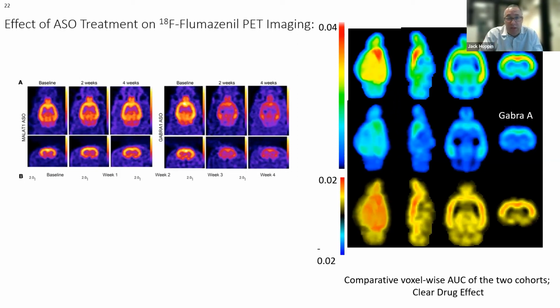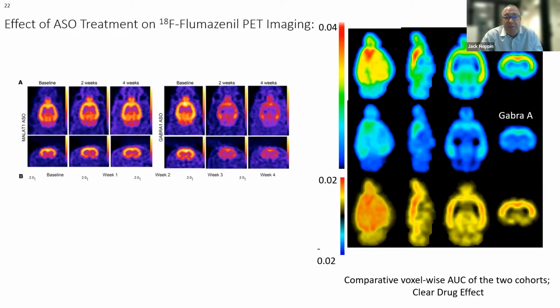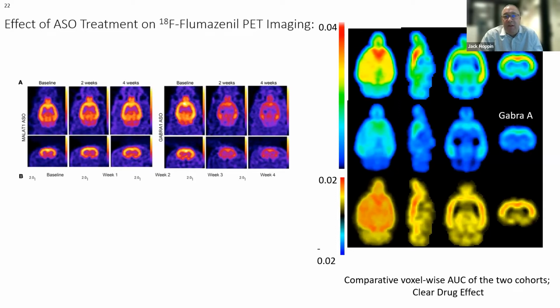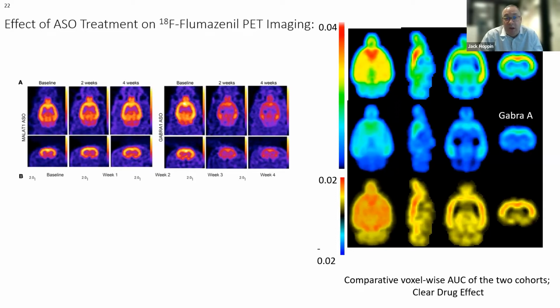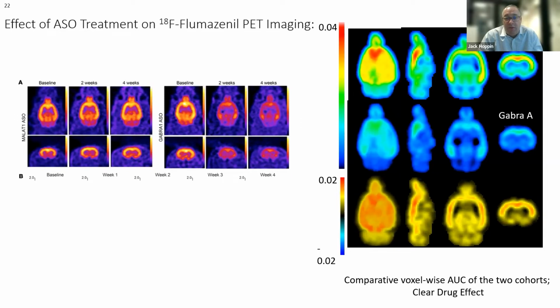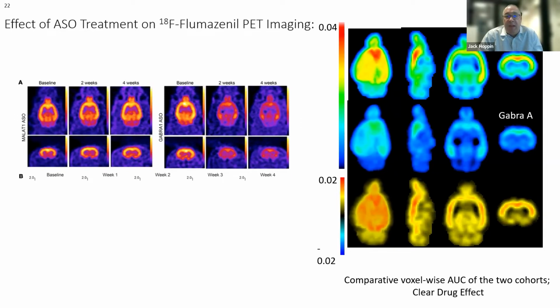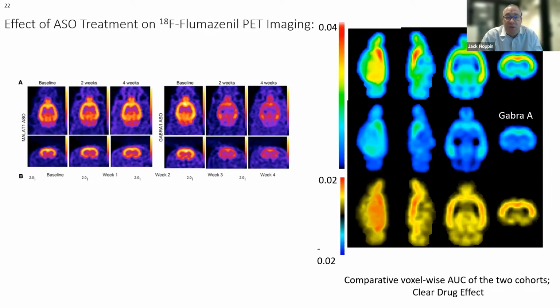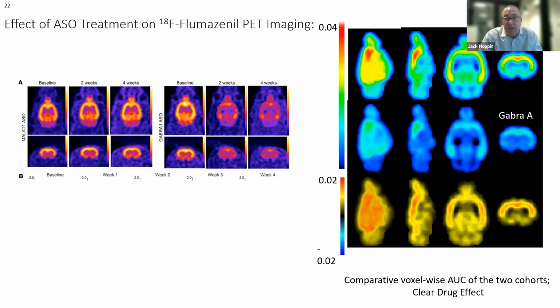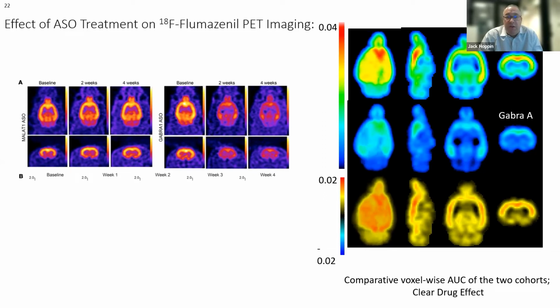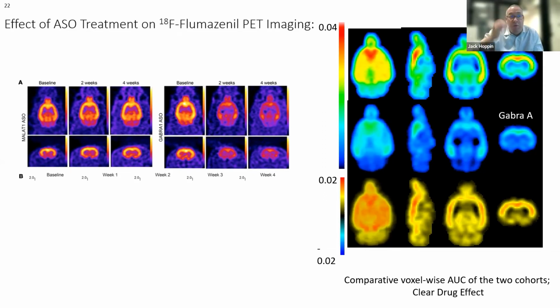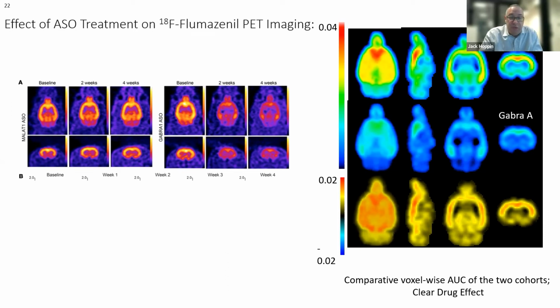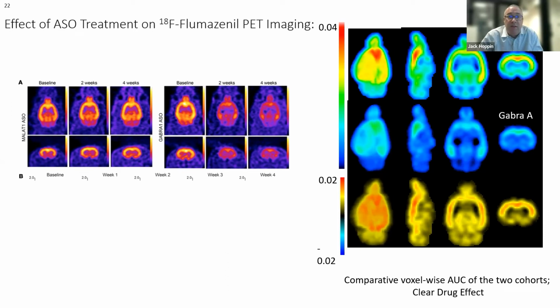You can see visually on the left the knockdown and the drop in uptake of the flumazenil, and the image on the right is voxel-wise area under the curve of the flumazenol, and the bottom plot is the relative comparison between the two cohorts. So very statistically significant and very well done to see not only where did it go, but what was in this case the drug effect.